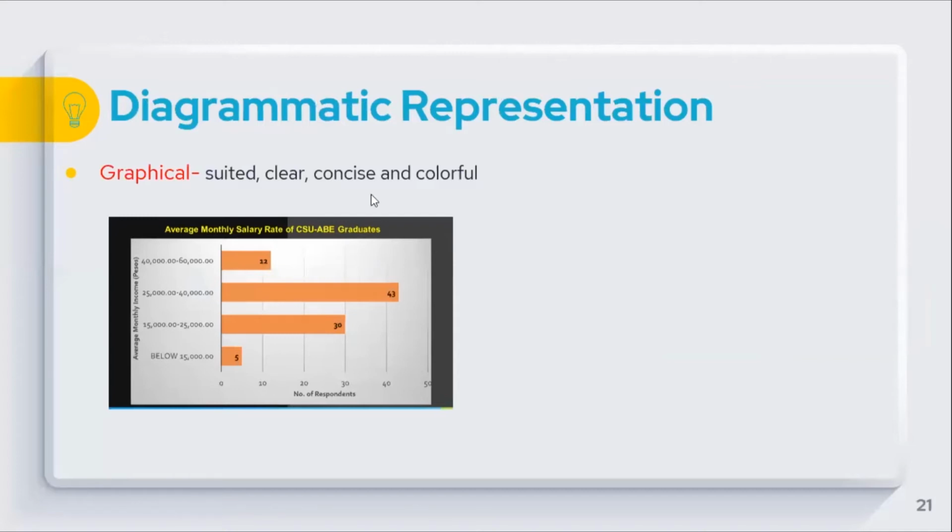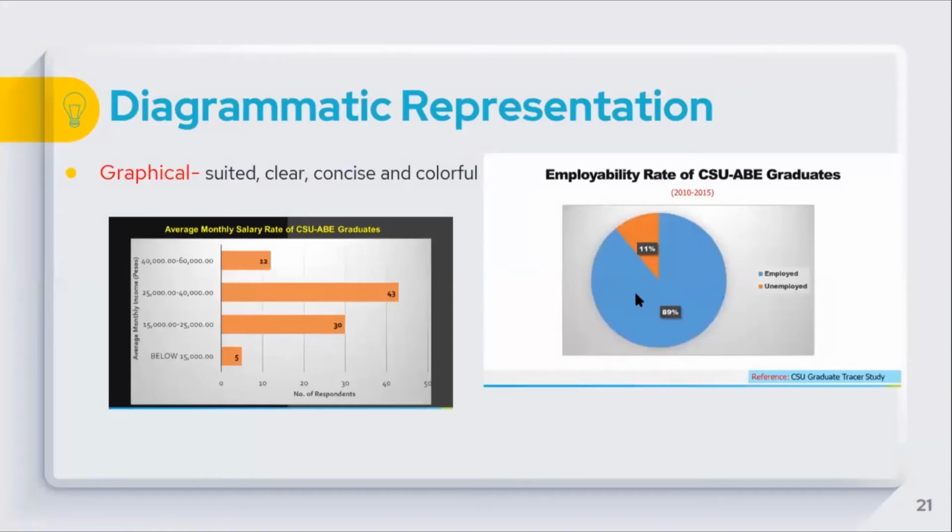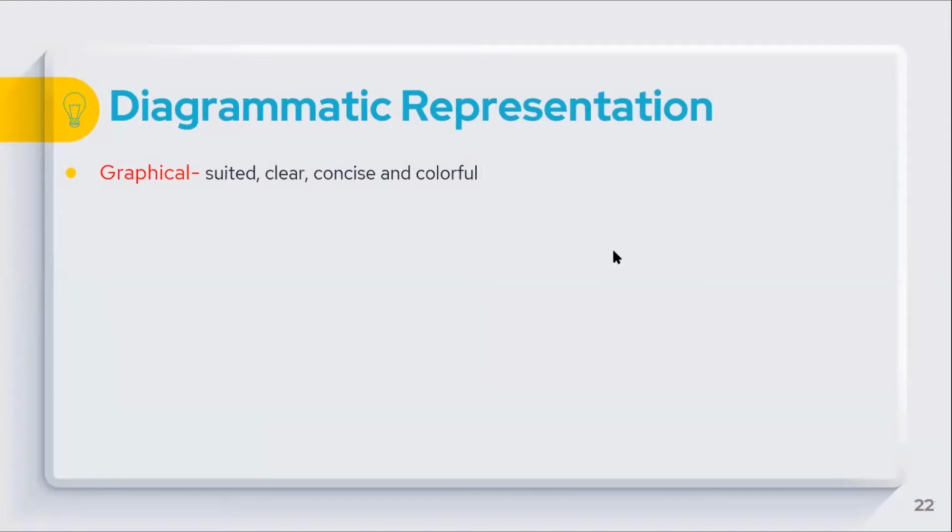Okay? So diagrammatic representation, guys. Graphical, it must be suited, clear, concise, and colorful, no? Na maghatag mo sa inyong thesis, ayaw mog tagaig graph nga kanang black ratanan nga wala saktong label. It must be labeled, no? X and Y and then the title. Okay? For example, in this picture taken from the employability rate and salary rate average study for ABE graduates.